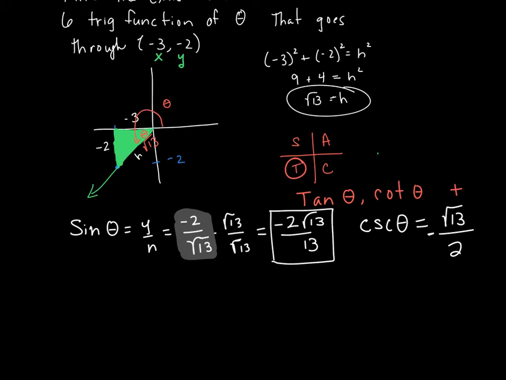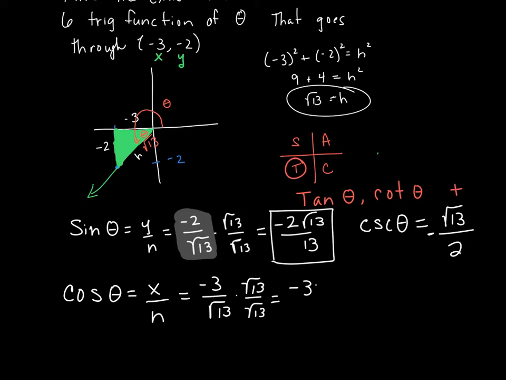All right, the next piece I'm going to do is the cosine of theta. The cosine of theta is x over the hypotenuse, which is -3 over the square root of 13. Again, we rationalize. And we get -3 square root of 13 over 13.